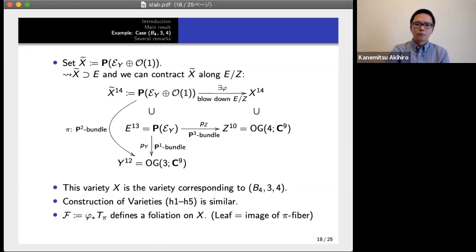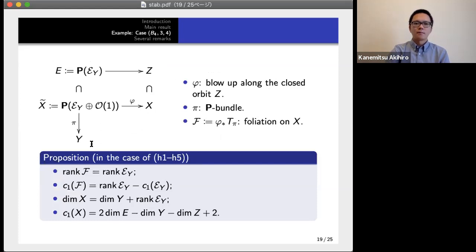Here, X is our variety, which contains Z as a closed subvariety, and the blow up of X along Z admits a projective bundle structure over Y. And X admits a foliation that is induced from this projection pi.